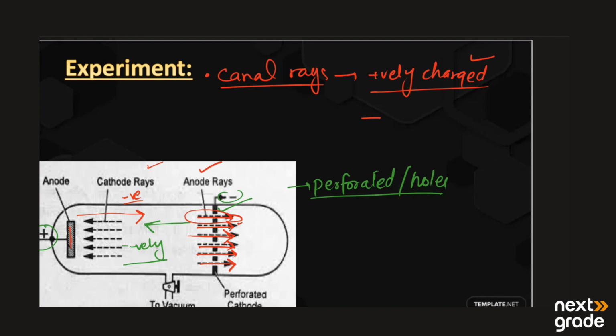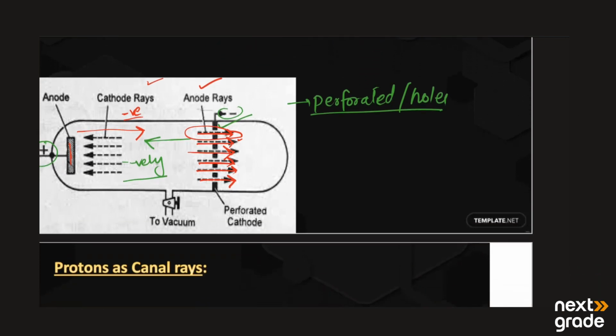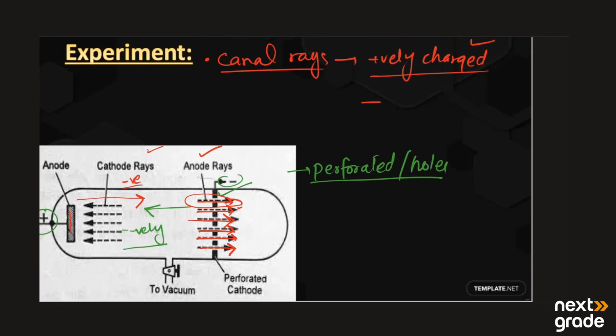But in later experiments, he found that the anode rays do not originate from the anode. Basically, they are produced by the ionization of the gas that is present in the discharge tube.